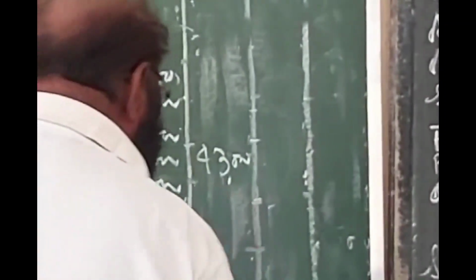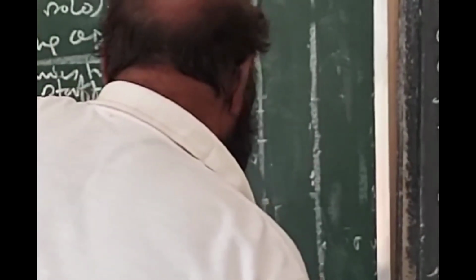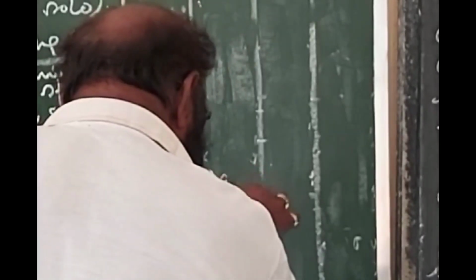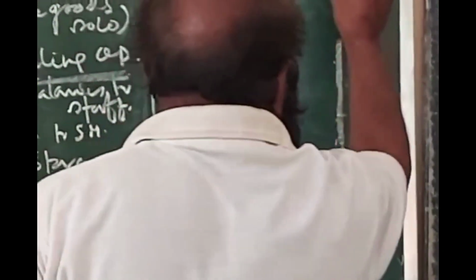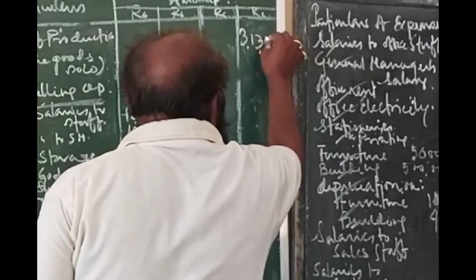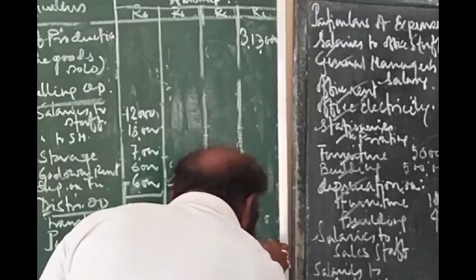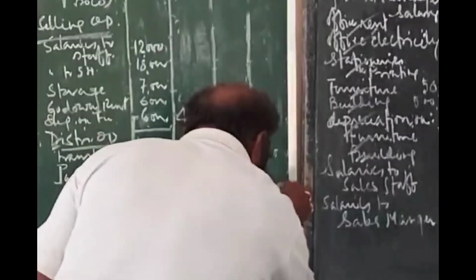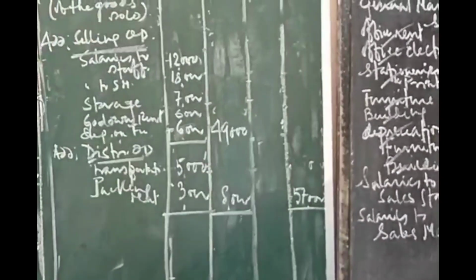So it is 49,000, and distribution is 8,000. It is 57,000.